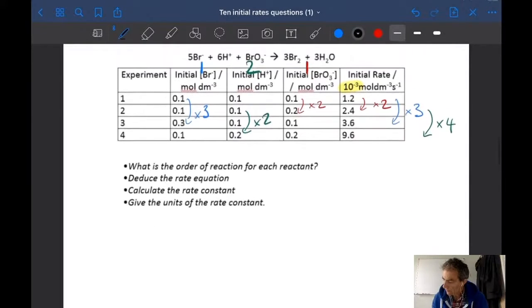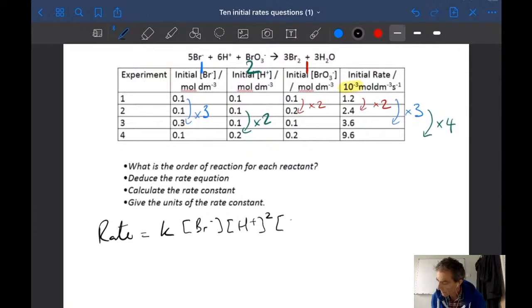Right, so we now can write the rate equation. So rate equals k, Br minus order 1, times H plus order 2, times BrO3 minus order 1. Okay, so leave that with no power on. And now rearrange for k.